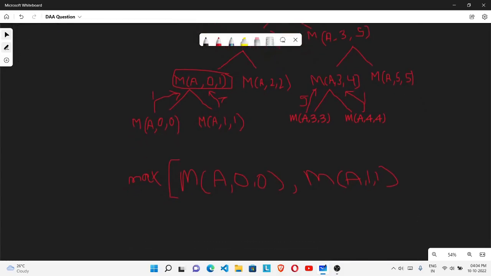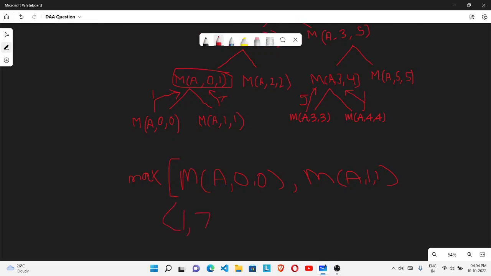Now this gets translated into max of 1 comma 7, because this one returned 1 and this returned 7. Oh, I forgot to close this bracket. So this becomes max of 1 comma 7, which will be 7.